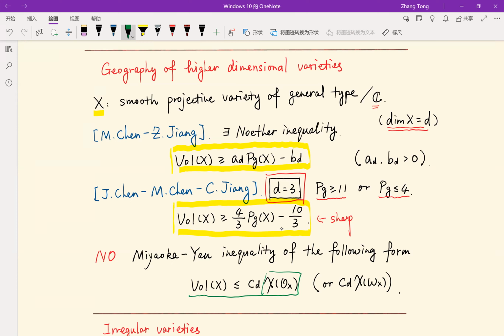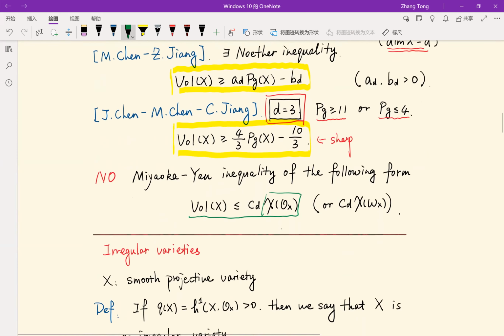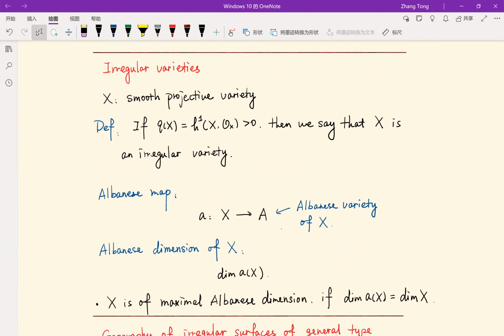Okay, good. And in the following, I will slightly introduce the irregular varieties. So in this talk, I'm most interested in the irregular varieties.